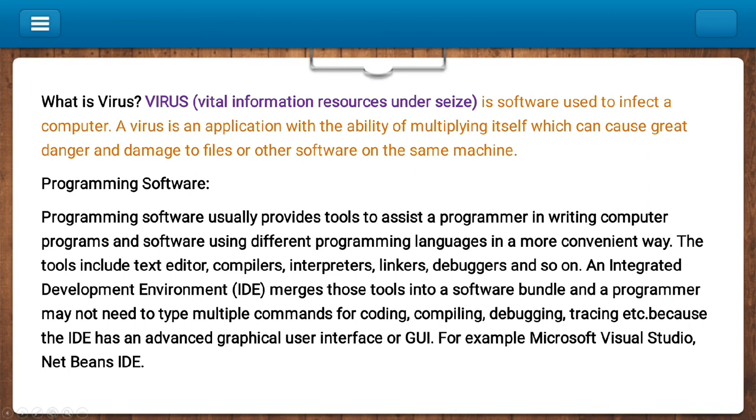So all of these things, the complete package, is called an IDE, or integrated development environment. It is also called RAD, rapid application development. Earlier, programmers faced many problems using only text editors or console editors to type the code. But these days programming has become much easier because of the IDE. You have all the set of tools required.